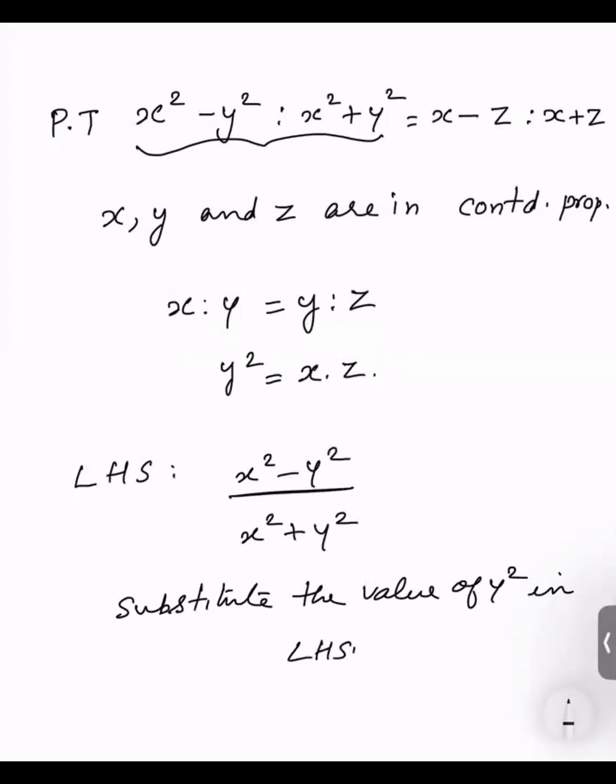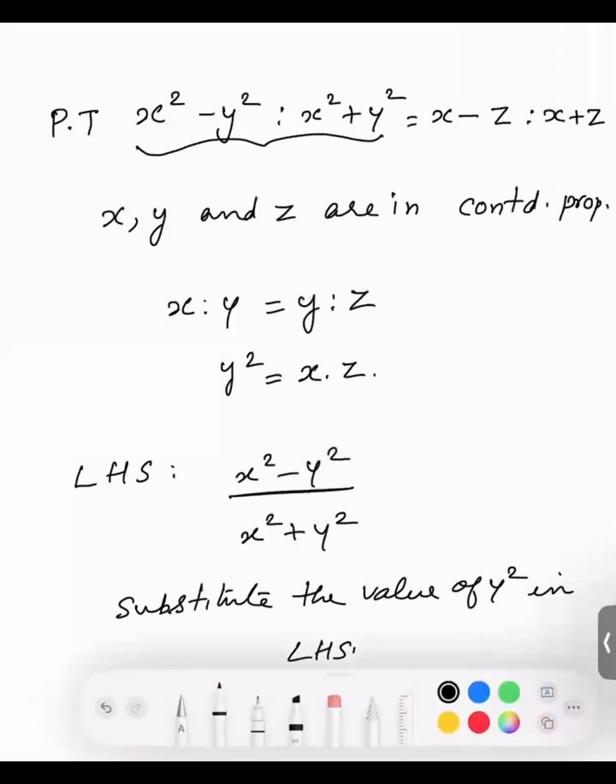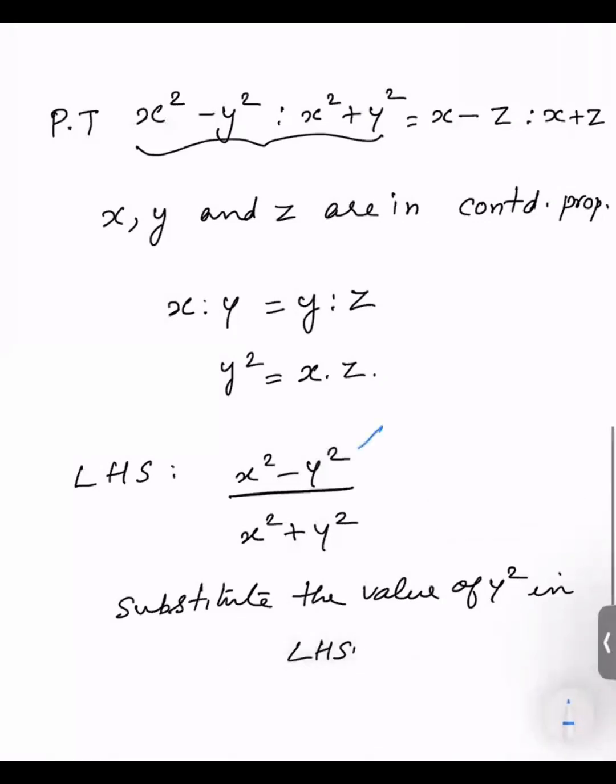What I mean is wherever I see Y square, I see Y square here, I see Y square here. In the place of Y square, I will write X into Z. Fine. So this is my plan.